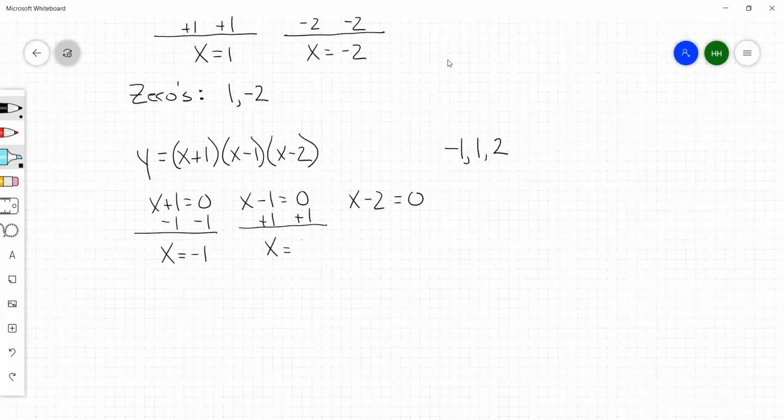Here's your x equals positive 1. And here's your x equals 2. All right, so if you got 3 factors, you got 3 zeros. Those are your zeros. That is how you get each zero from each factor.